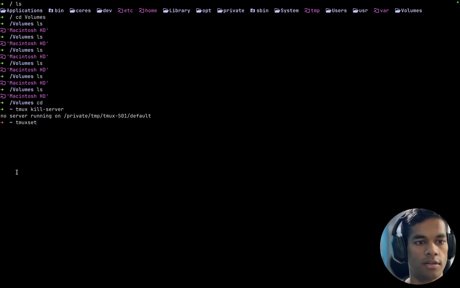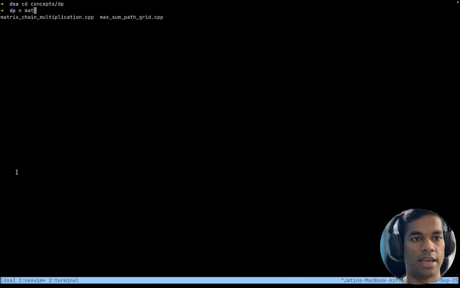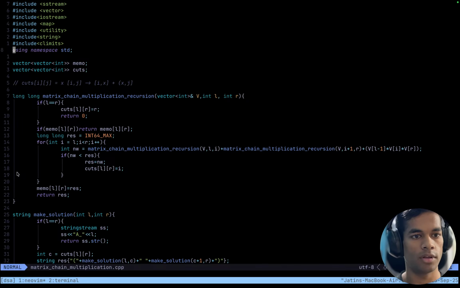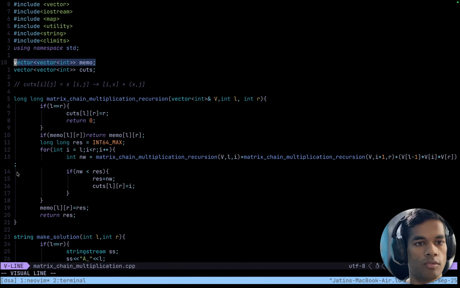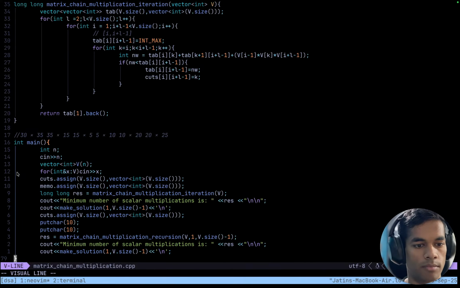Tmux is not running, that is cool. If you go to the matrix chain multiplication, this is what we wrote yesterday, and this part stores the choices which we made, and everything else is just the code.